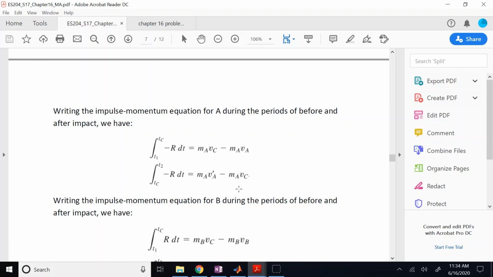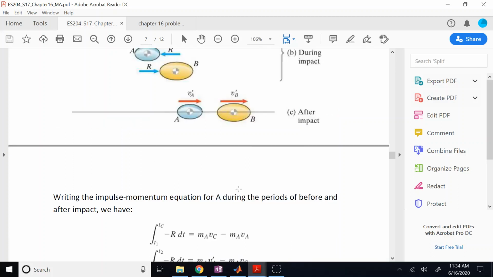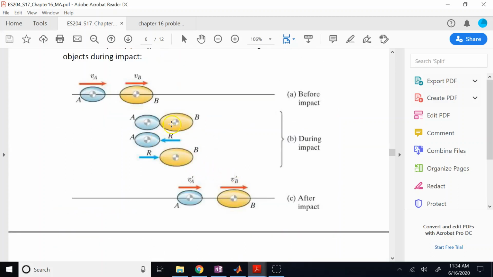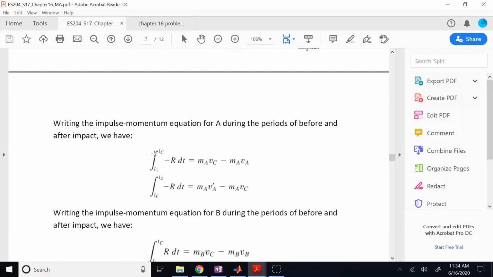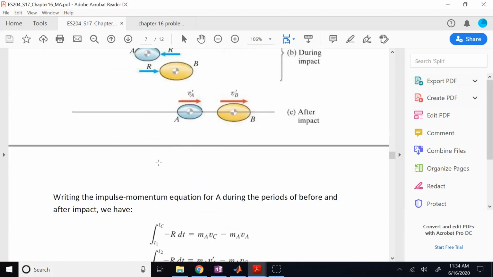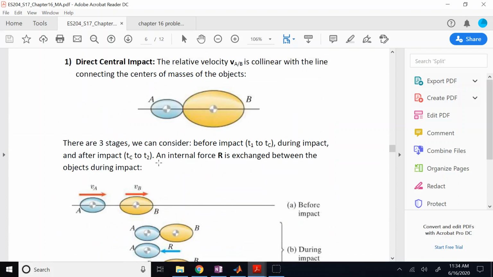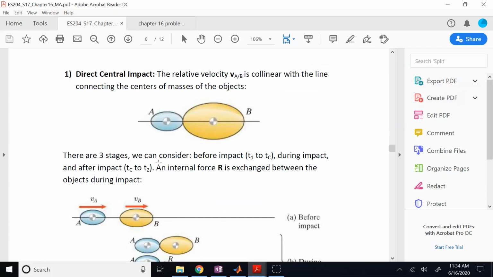So if c here is the velocity of each particle right at the impact, okay, so here we have a few time points, t1, t2, and tc. So before impact is t1 to tc, and after impact is tc to t2.